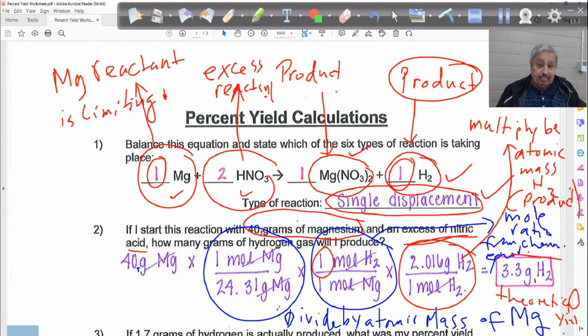Now you do the experiment, and you will not get 3.3 grams. You will always get what? Less, because experimental errors are always there with us. We cannot get out of experimental error. We cannot get 3.3 grams. That's almost impossible.